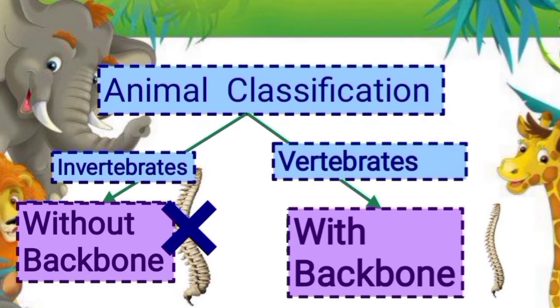Now let's understand animal classification based on the absence or presence of a backbone. Humans like you can move because your body is supported by an internal skeleton, which works as a support structure for your body. It gives the body its shape and allows movement. But not all animals walk and run around like humans.